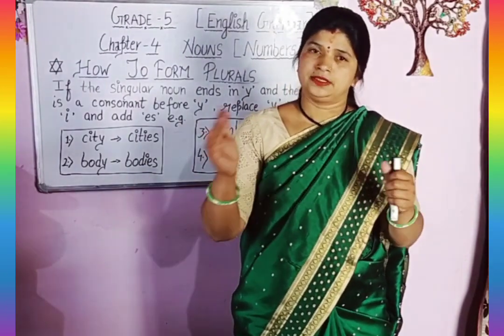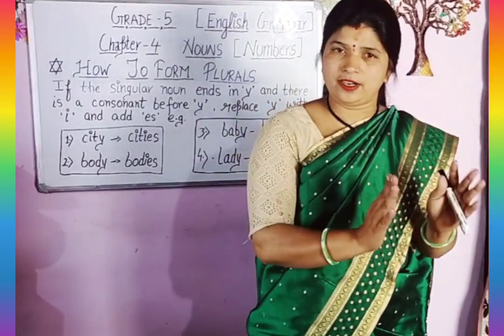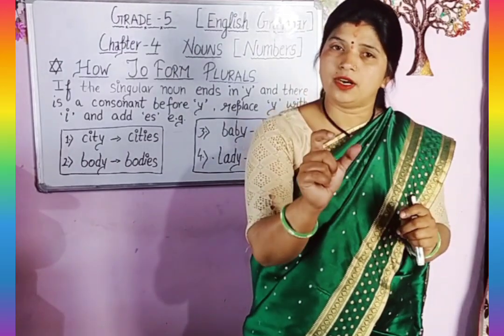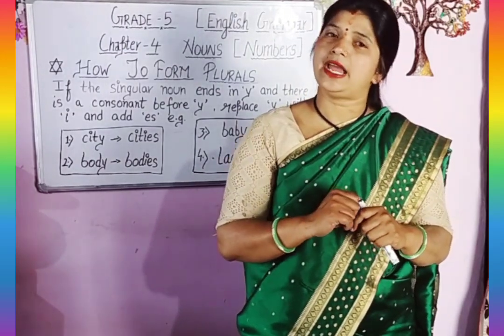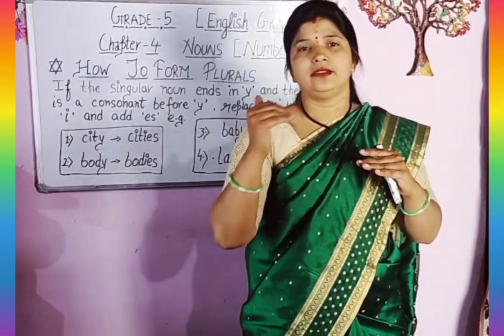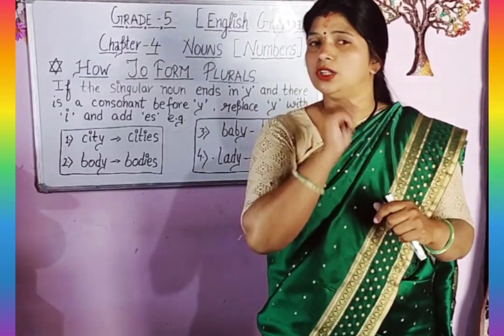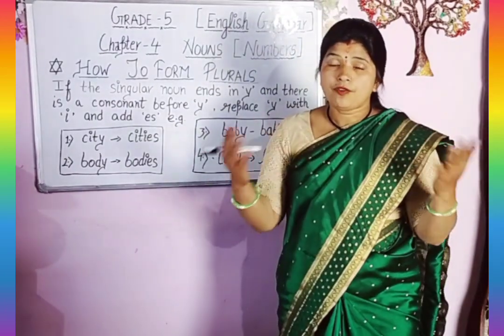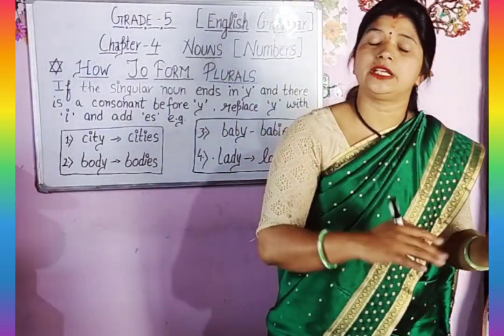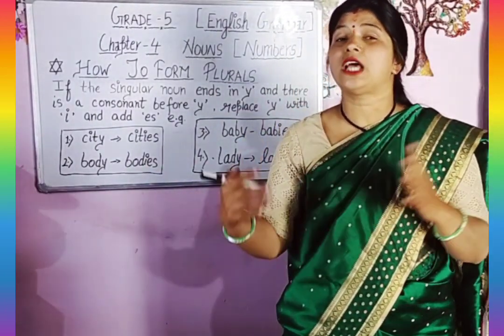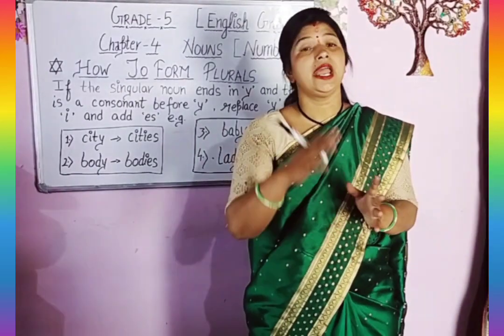So suppose at the end of the noun Y has come, and before Y there is a consonant, और Y के ठीक आगे consonant है, then how will we change from singular to plural? कैसे change करेंगे? Let's see.